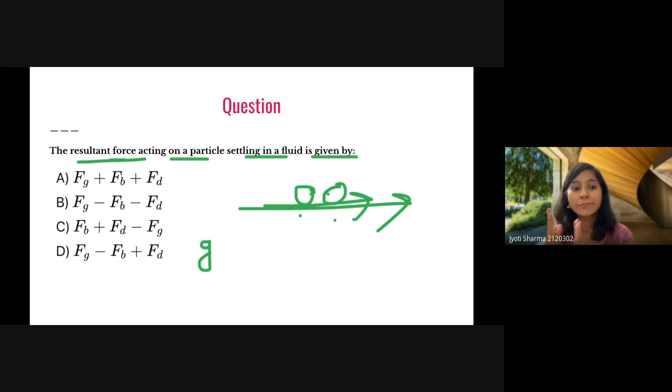Drag force, buoyancy force, and gravity force. So, can you tell me the resultant force that will act on the particle that is settling in the fluid? And here the fluid is nothing but the air. Little technical, but I think this is very interesting.